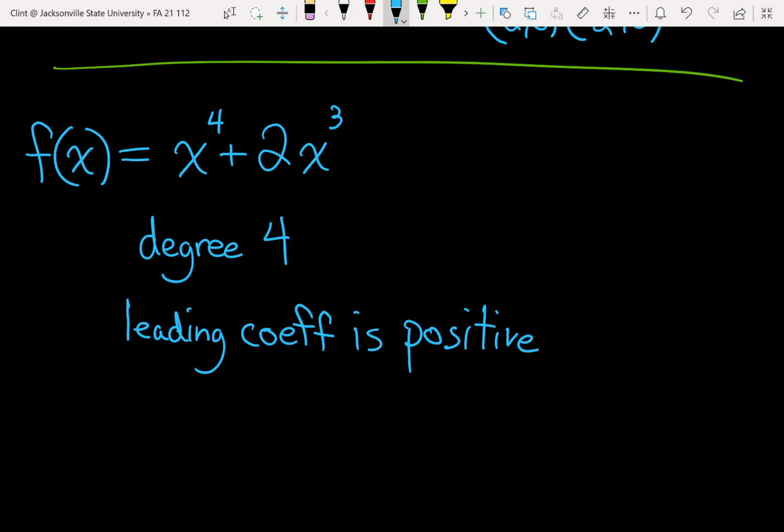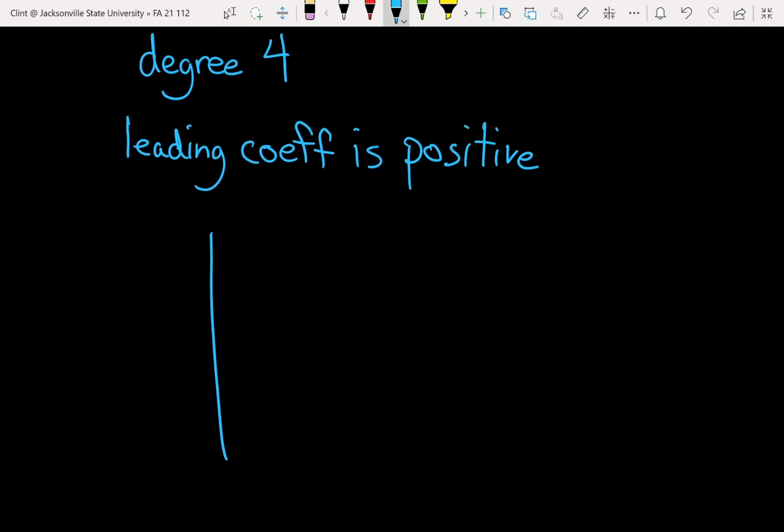If we have an even degree, that means both ends have to go the same direction. And since our leading coefficient is positive, that's a smiley face. That means both ends of our graph are going to go up. So far, we've already got the end behavior, from our degree and from our leading coefficient.